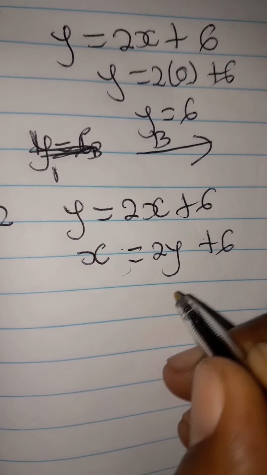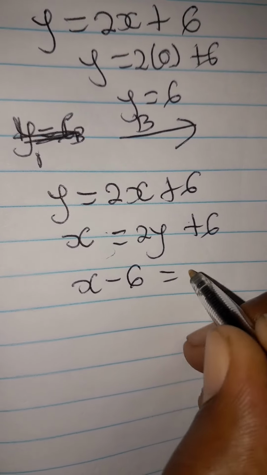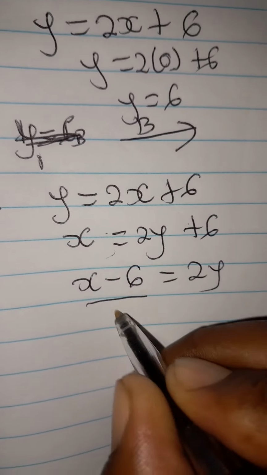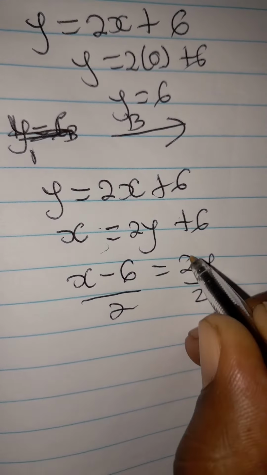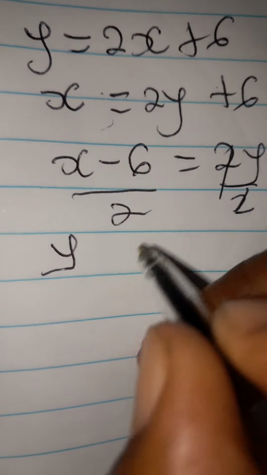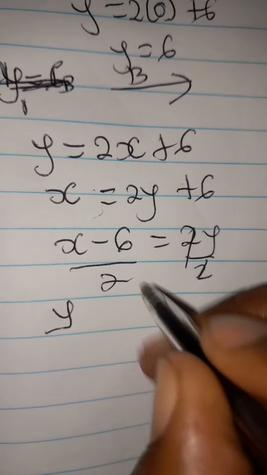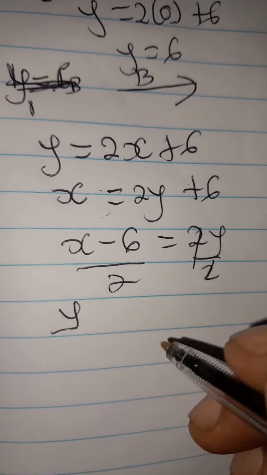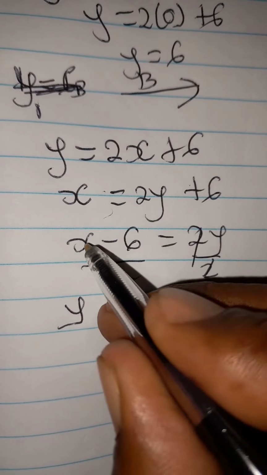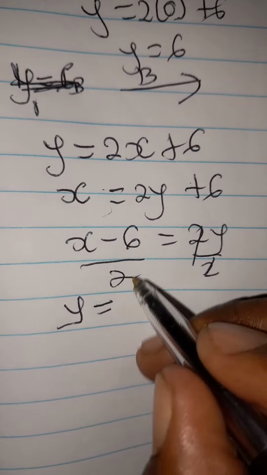Then to make y the subject, transpose 6 to the other side, it becomes x minus 6 equals 2y. You then divide both sides by 2. Everything will be divided by 2.